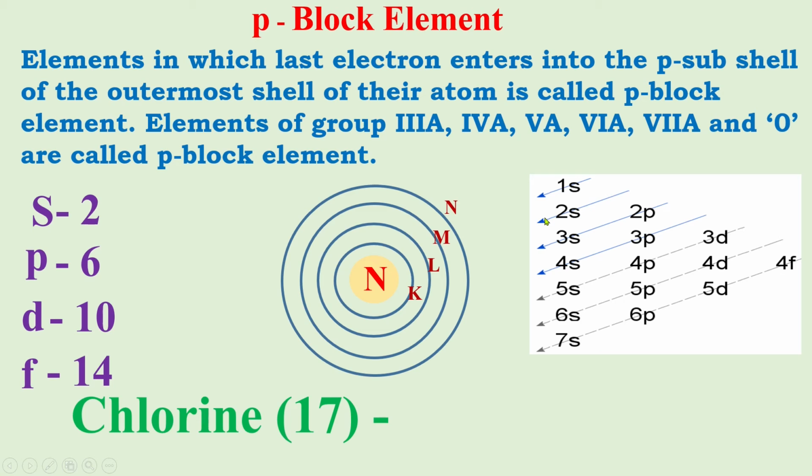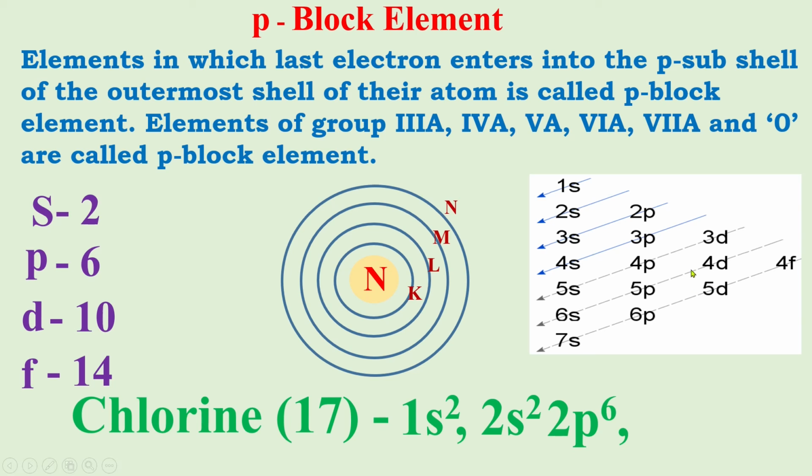That's why you can fill 2 electrons in the first subcell. Then we go to the second cell and fill the electrons in the s subcell. Then 2s2 we can write like this. And then we go to the second cell p subcell. In the p subcell we can fill 6 electrons. That's why I am filling 6 electrons here.